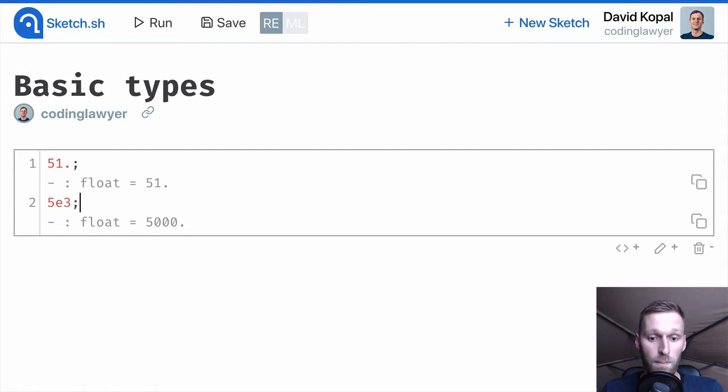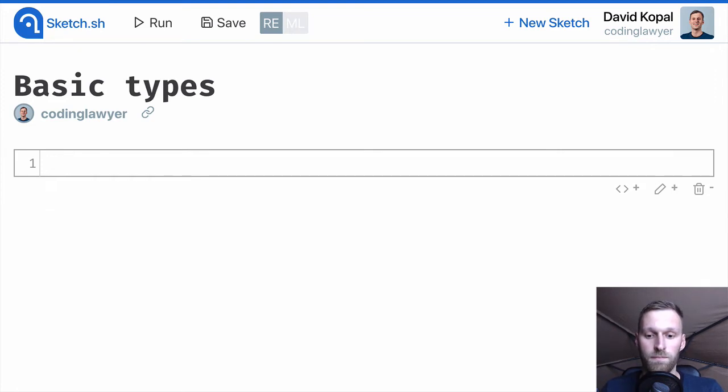Now we have 2 examples here, and these are both floats. The first example uses a decimal point, and the second one is exponential. Now, when performing basic math operations on floats, we need to use an operator with a decimal point. This is how we distinguish these operations from operations with integers. So let's write an example.